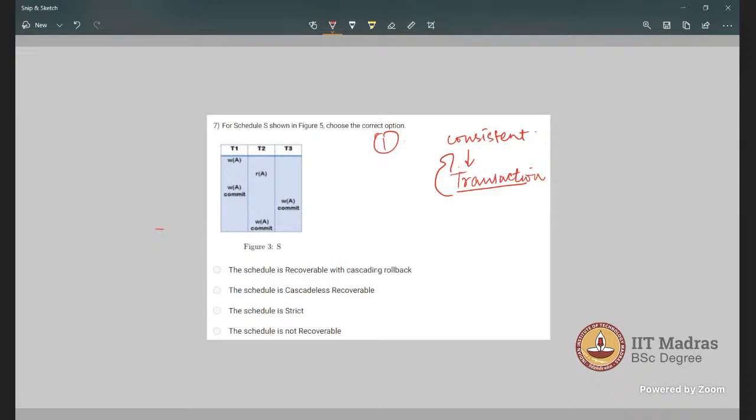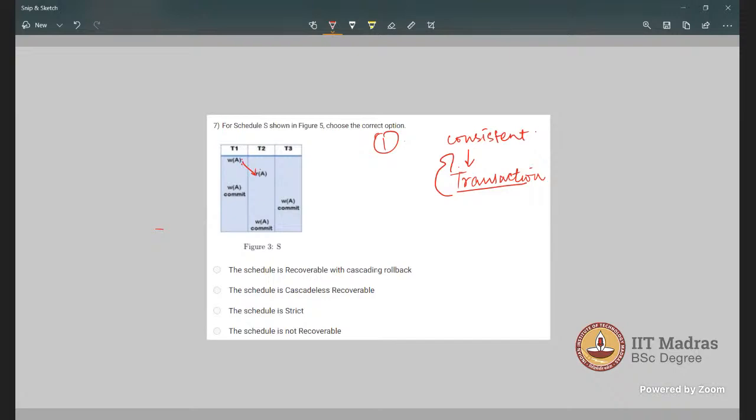Yes, sir. So you can check the first, T1, T2. So this is a conflict, right?